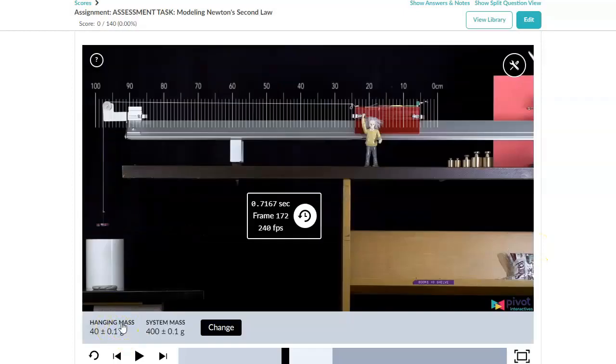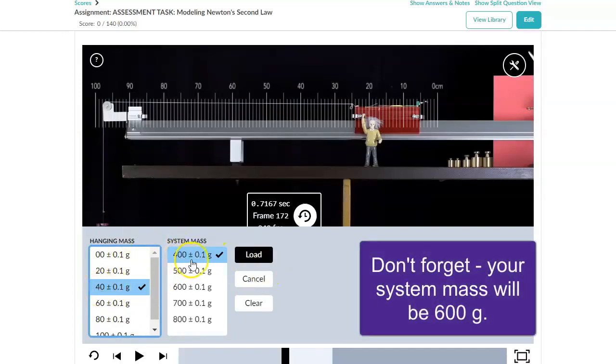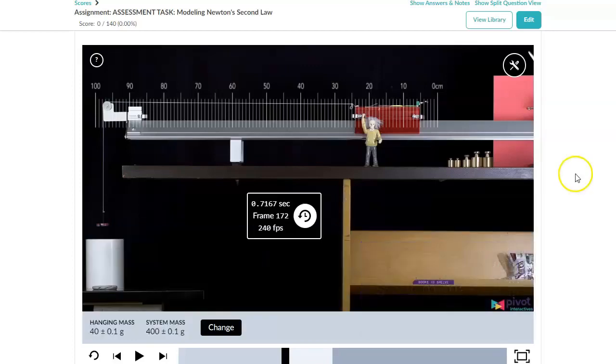So I'll come back here and make sure I've selected the next hanging mass of 40 grams. So I've got to make sure these are both ticked, and then I press load, and then I repeat.